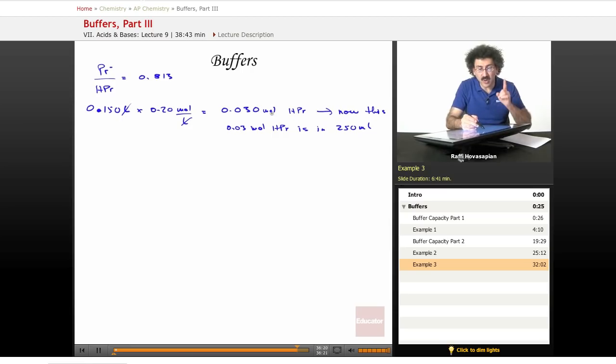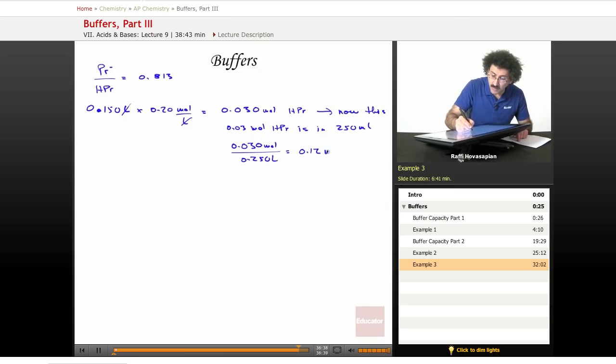I know that I've used 0.030 moles because I've used 150 mils of a 0.2 molar, but now it's swimming around in 250 mils. So 0.030 moles divided by 0.250 liters gives me 0.12 molar HPr.